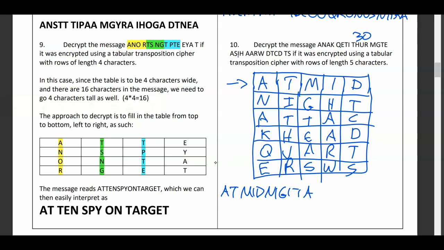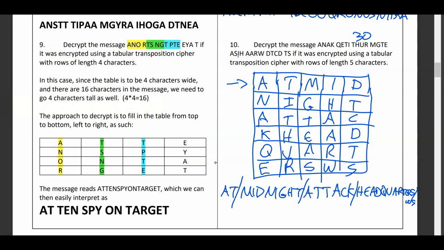Lots of bad letters in there. And then we can, oops, not "at," it's attack, headquarters, and a little WS filler at the end.